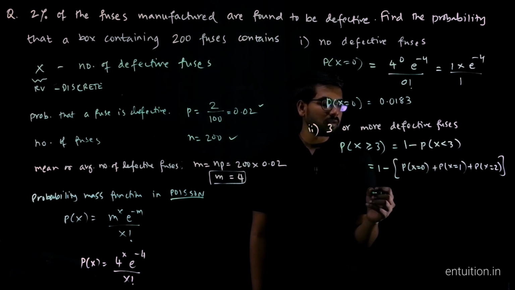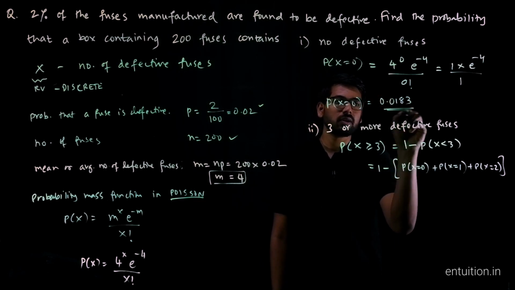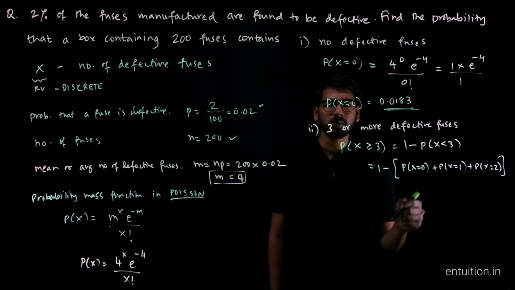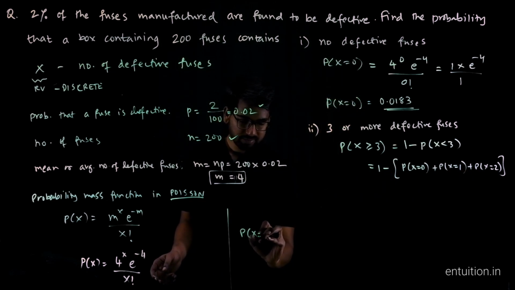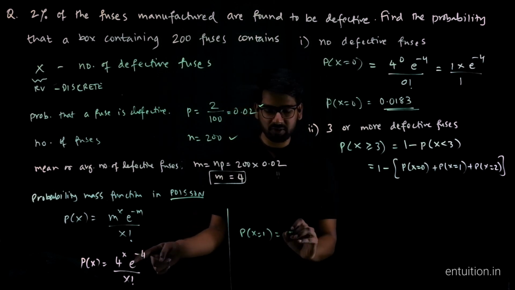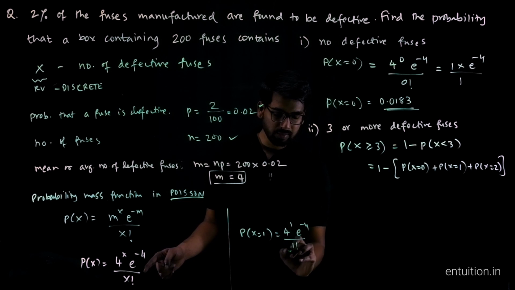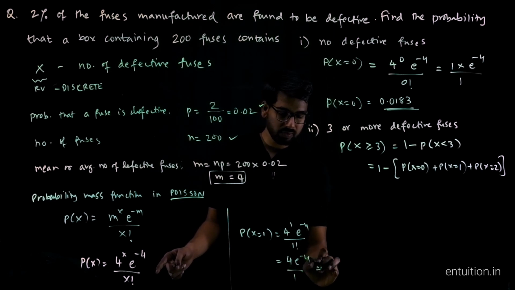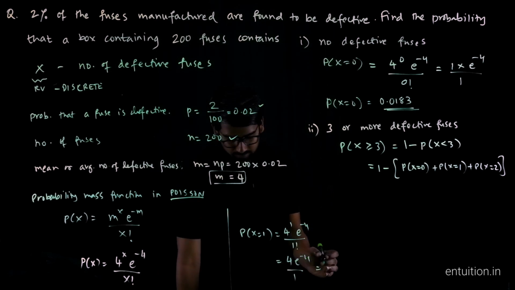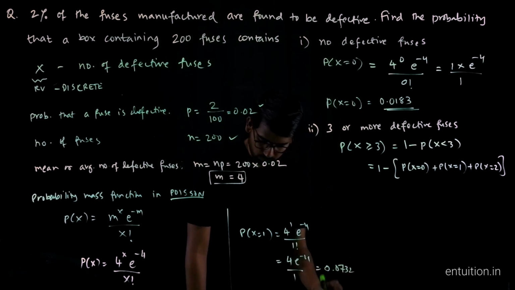Okay, so we already found out probability of x equal to 0, which is 0.0183. Let us find out probability of x equal to 1 and probability of x equal to 2. So probability of x equal to 1: substitute 1 in place of x here. So 4 power 1 e power minus 4 by 1 factorial. This is equal to 4 times e power minus 4 divided by 1. So probability of x equal to 1 is 0.0732.